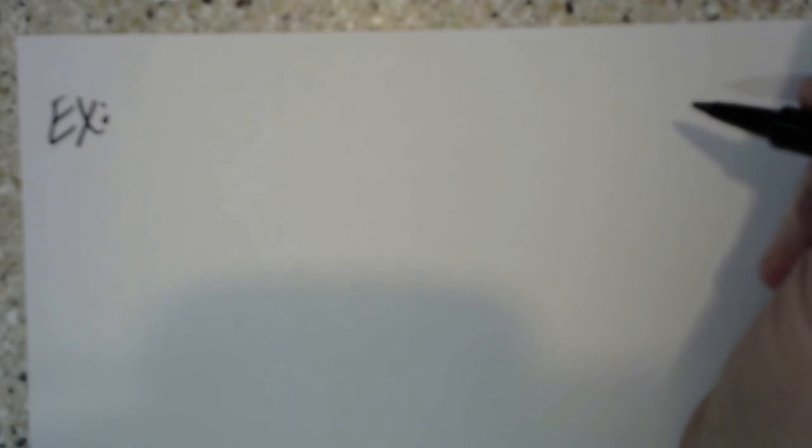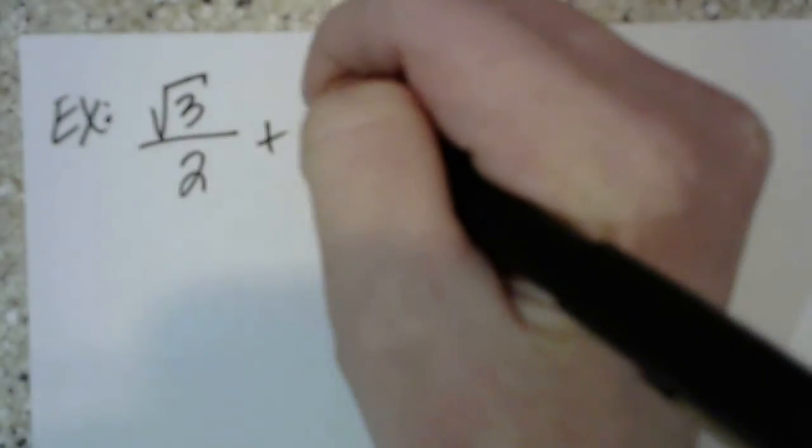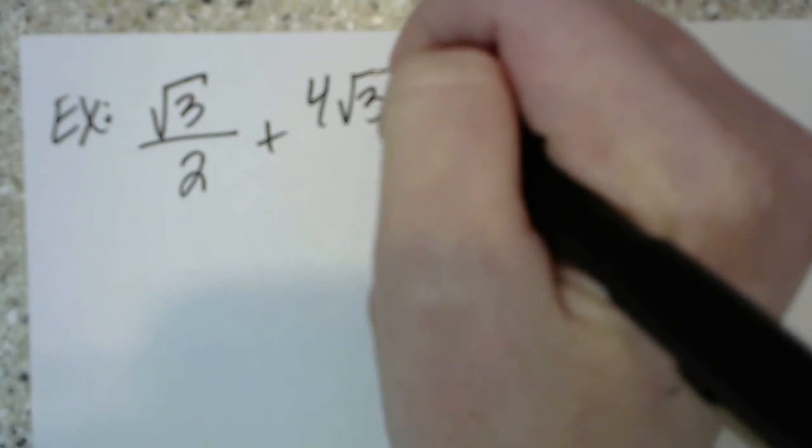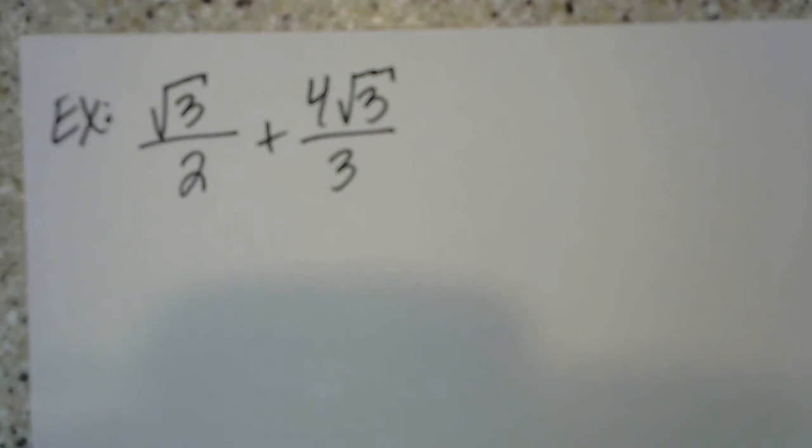So let's say I have the square root of 3 over 2 plus 4 square root of 3 over 3.